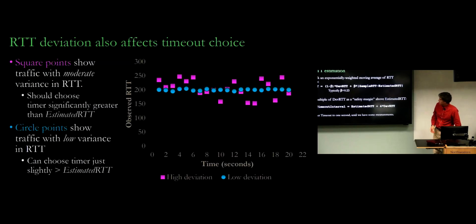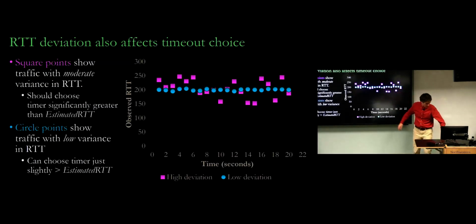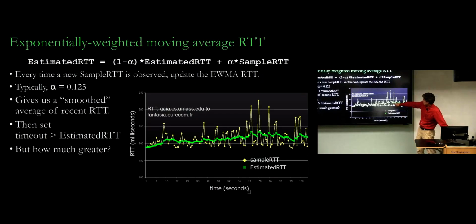Right? So, for example, in this picture here, you see what the estimated round trip time is. At this point in time, when you observe this round trip time, you take this difference here, and that tells you what your latest deviation was, and that factors into the moving average of deviations over time.